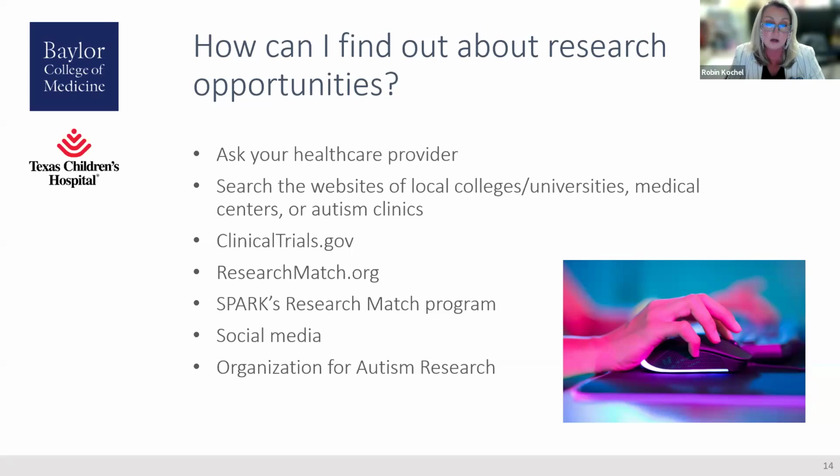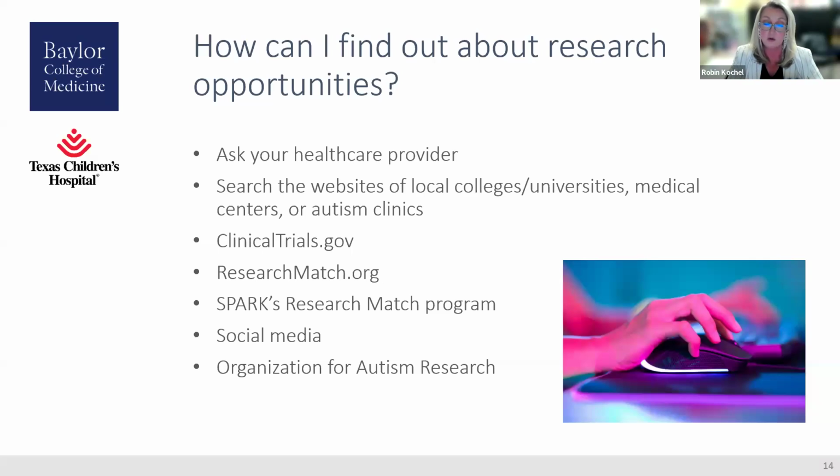There's also another website called researchmatch.org, and you can sign up to be a participant through this program. Essentially, if there are research studies that would like to use researchmatch.org as a recruitment tool, they will email you and say, hey, there's a research study that may be a good fit for you, and then you can decide if you want to learn more.